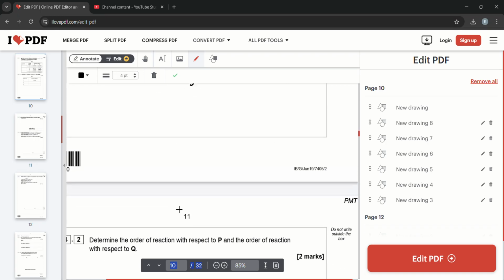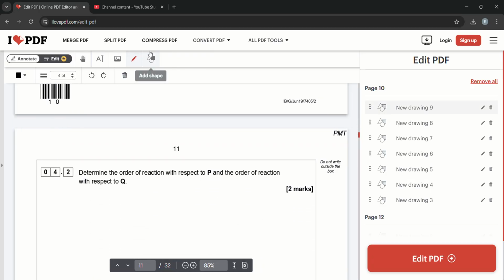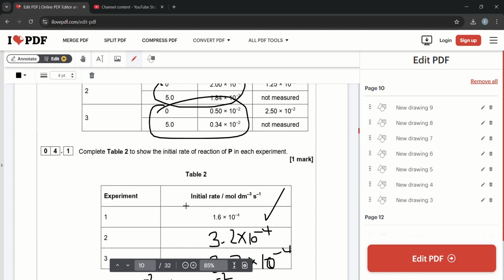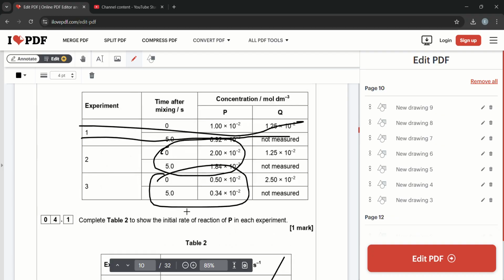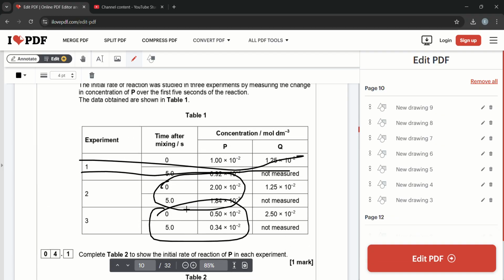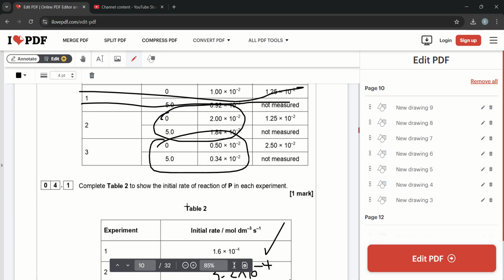Okay, and then part 4.2. 4.2 says determine the rate of reaction with respect to P and the order of reaction with respect to Q. So we know this is the initial rate of reaction of P in each experiment.